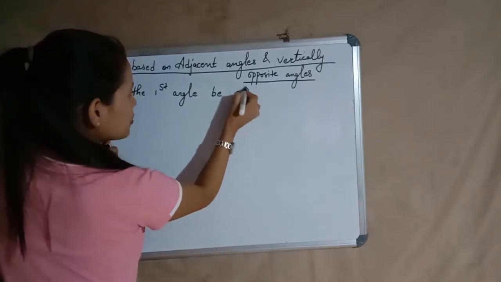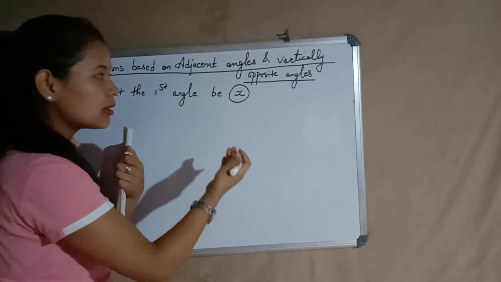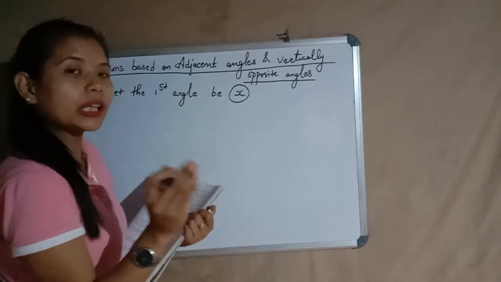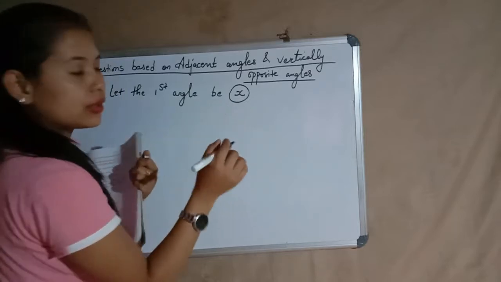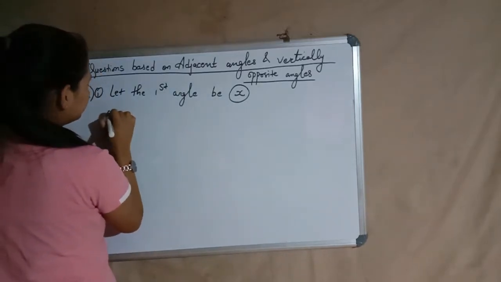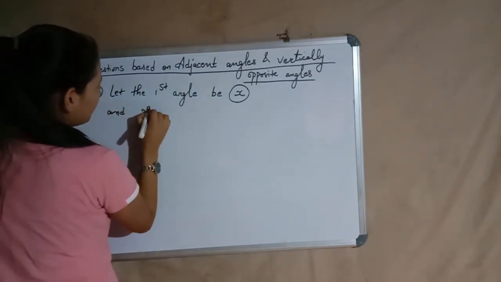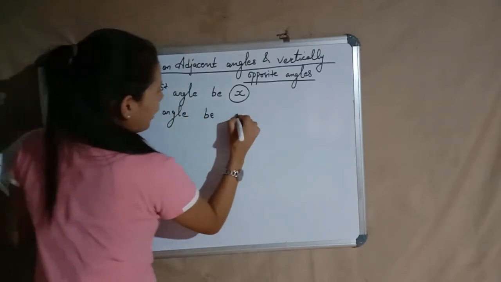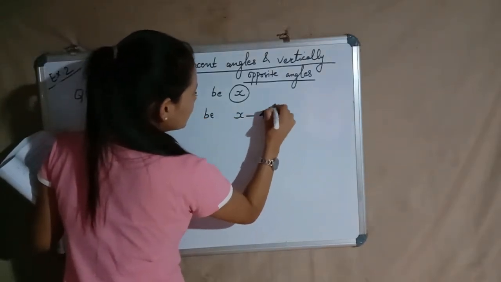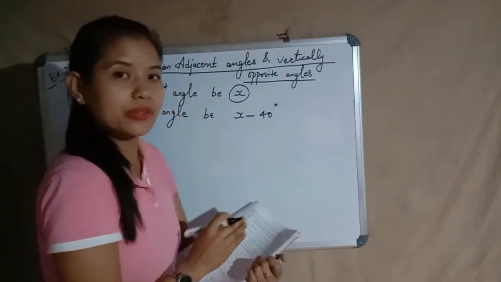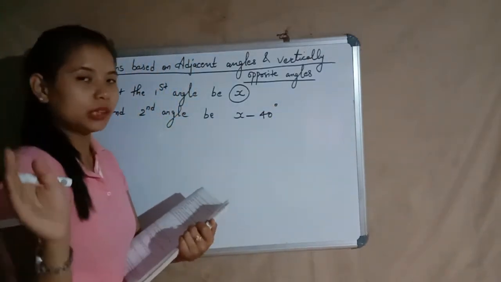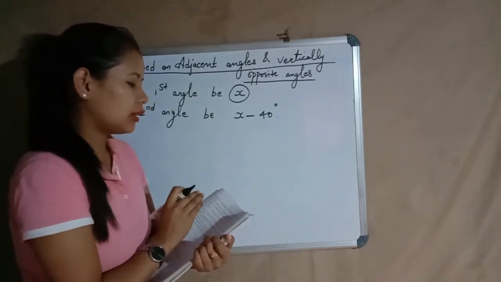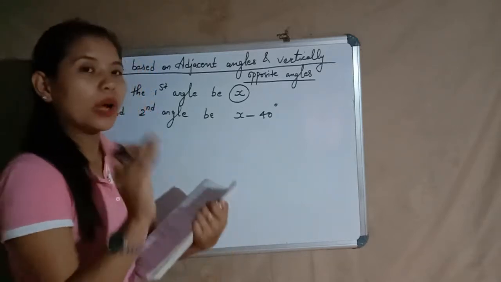So we have assumed one angle to be x, and the other angle is 40 degrees less than this angle. So the second angle is x minus 40 degrees, because it's given in the question that it is 40 degrees less than the other angle.